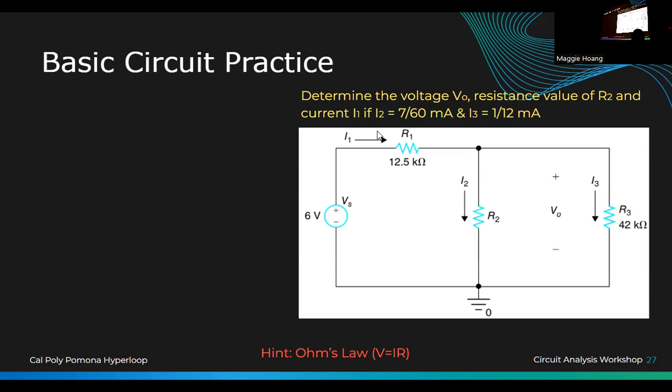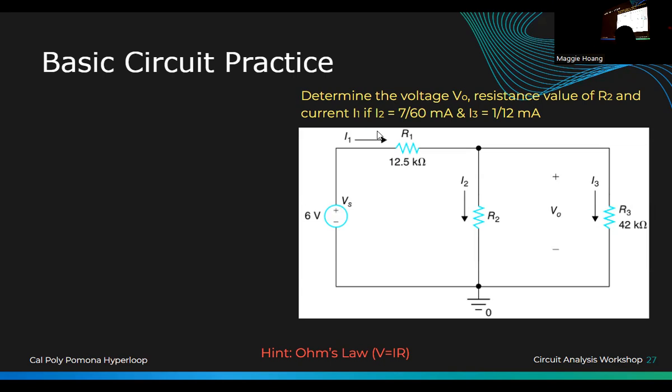But this is a parallel circuit, right here, only right here. So that states that this node is equal to this node, right? And we're given I3 and this resistor, right?